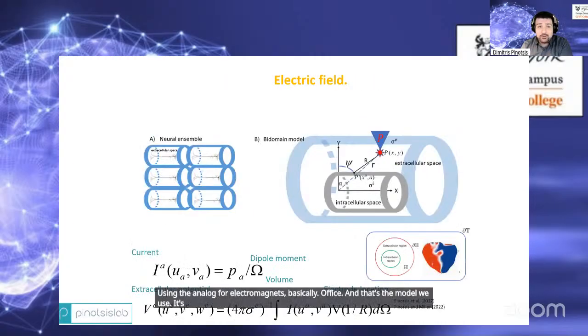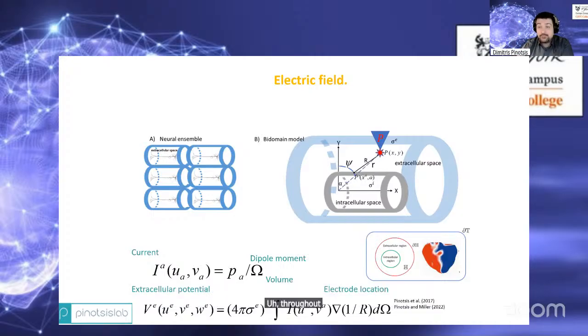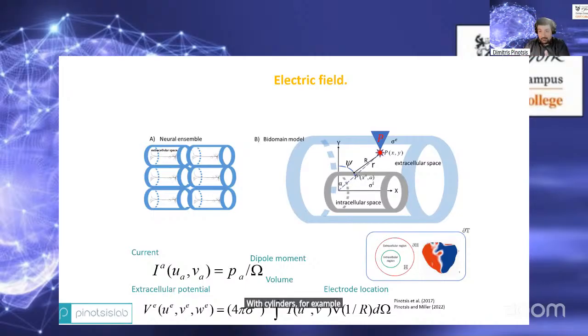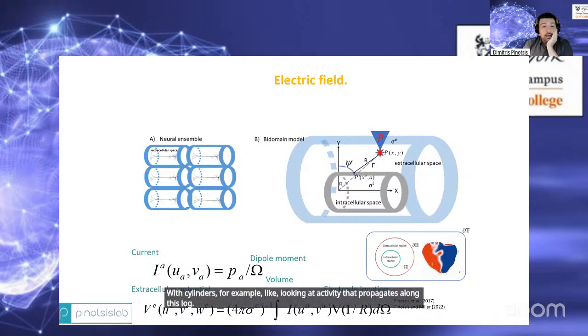It's called the bidomain model, and we make some assumptions, of course, of homogeneity. So you take the pyramidal cells that are somehow aligned throughout layers 2 to 5 in the cortex, and you create basically cylinders, for example, looking at activity that propagates along these long axons.